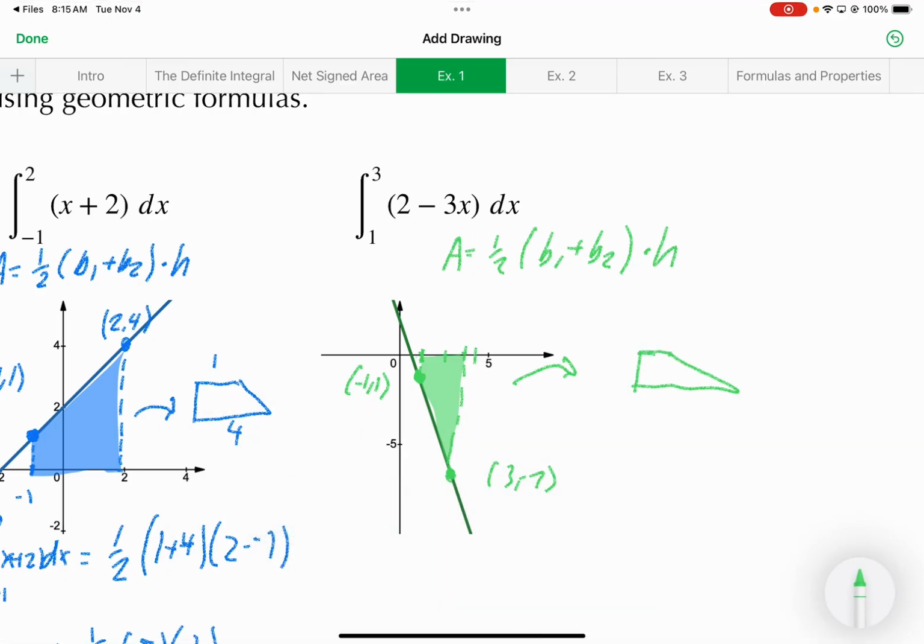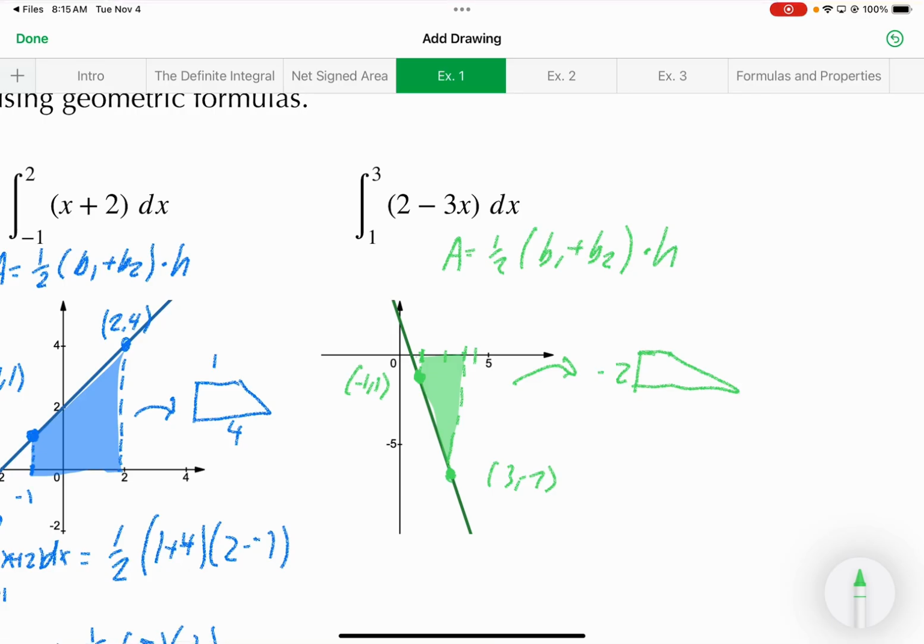That's cool. All right. Now, my bases are still going to be positive. So base 1 and base 2 is still going to be positive. My dimension that's going to be negative is going to be my height. Okay? All right. So my change in my x is going to be 2. So we're going to say my height is negative 2.